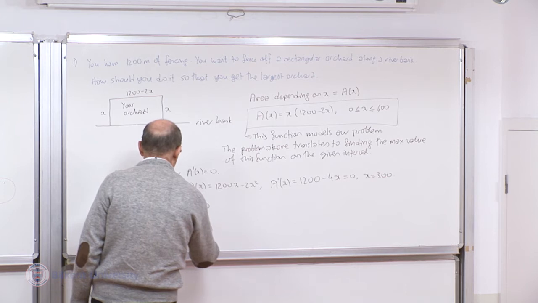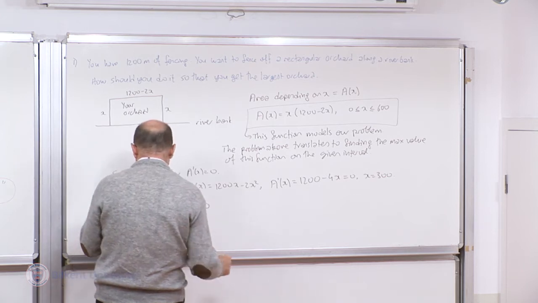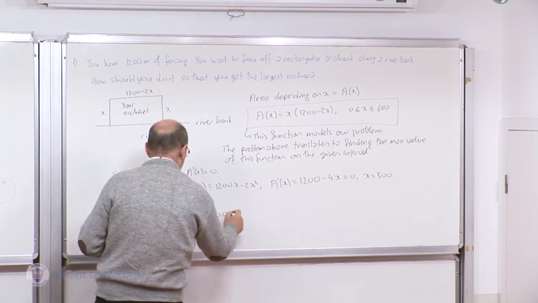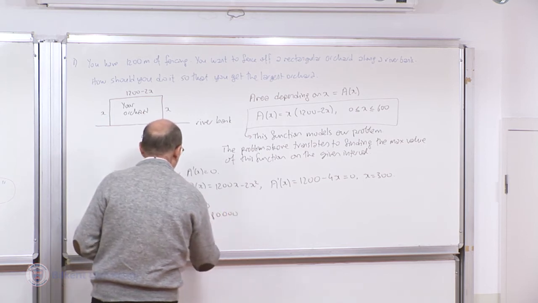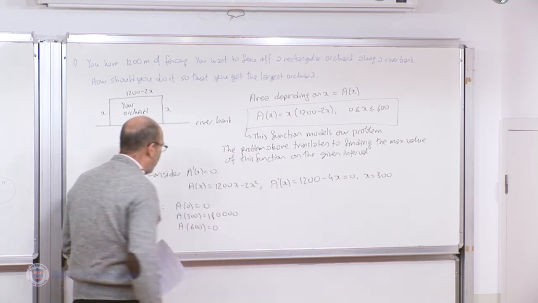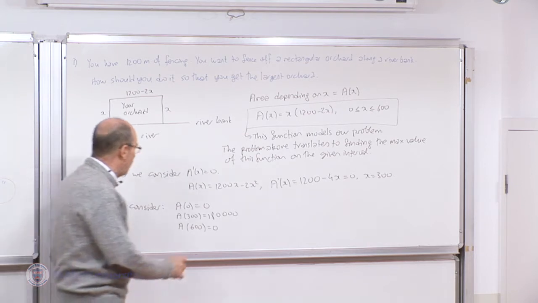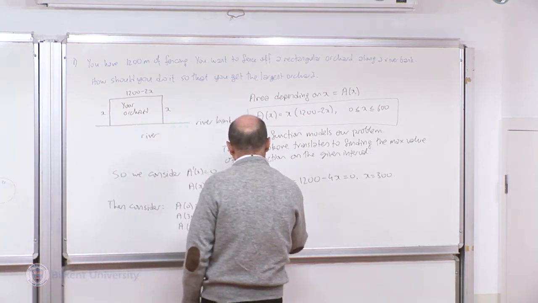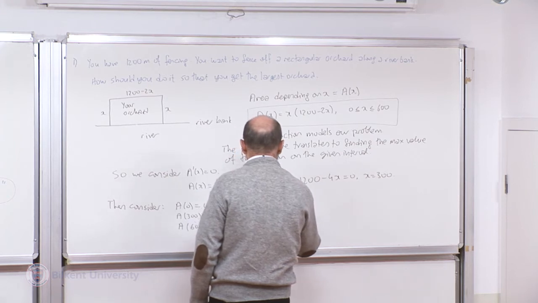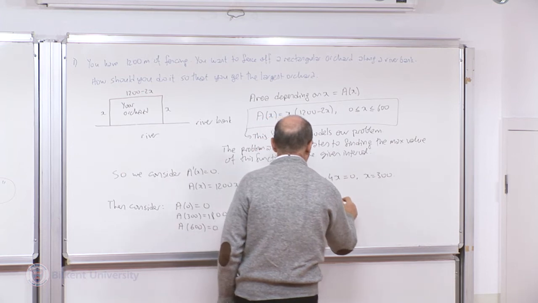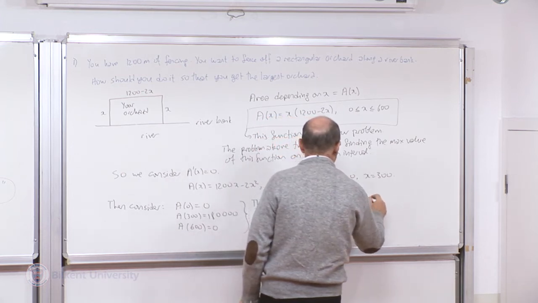A of 300, which I calculated to be 180,000. And A of, the last thing is 600, so that's again 0. Okay, so from here we conclude that the maximum of A occurs at x equals 300.